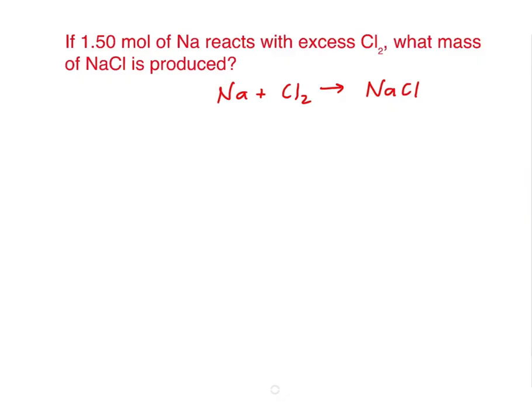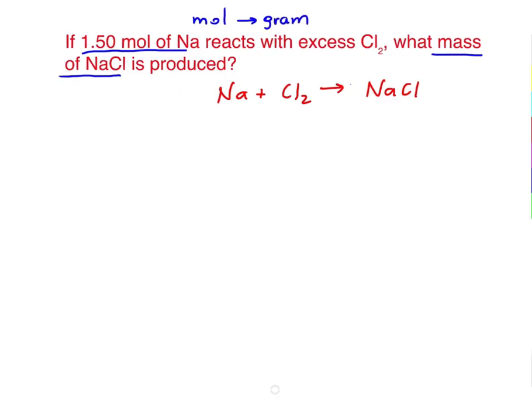All right, the next problem is: if 1.50 mole of Na, or sodium, reacts with excess Cl2, what mass of sodium chloride is produced? Now you are given a mole, 1.50 mole, and you need to solve for gram.